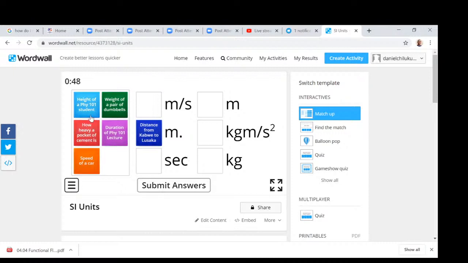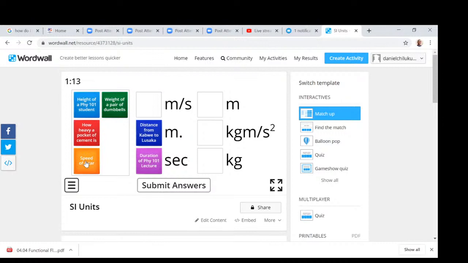Okay, the other thing that you might want is the duration of the PHY 101 lecture. This is a time. So in what units is it measured? We are just trying to match these quantities with their corresponding units. What about the speed of a car?